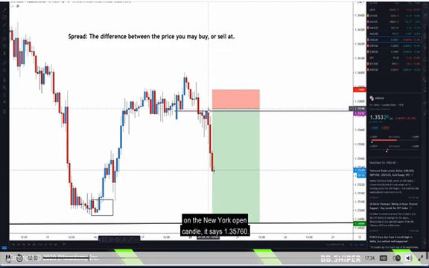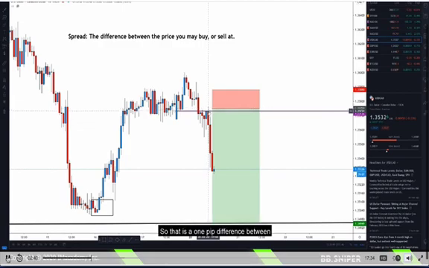If we look at the high on the New York Open candle, it says 1.35760. So that is a 1 pip difference between where the limit order could have been set and the high on the candle that traded up and through that specific price level.